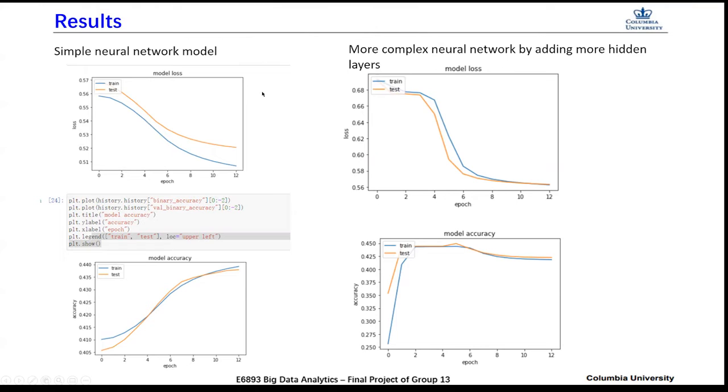For the simple neural network model and the more complex neural network model we built here, we can see that the upper bound of the model accuracy didn't change very much. Both of them haven't reached 0.45 accuracy, and they are all above 0.44.